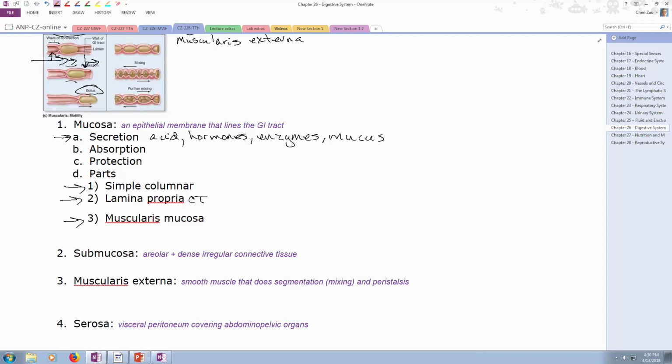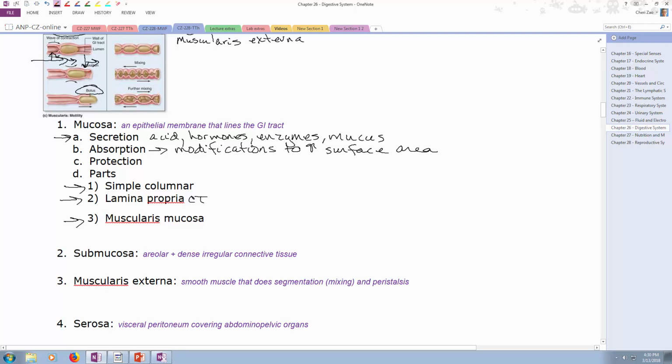Absorption: we're going to absorb the digestive materials that have been properly chemically digested. In areas of absorption, we will find mucosal modifications to increase surface area, so we'll find villi and microvilli.